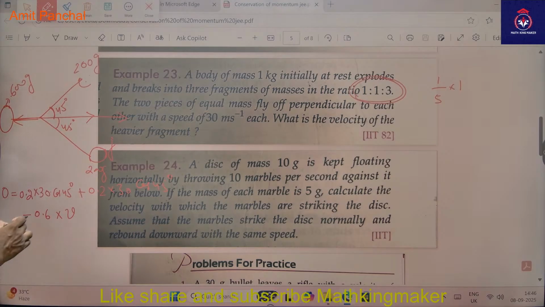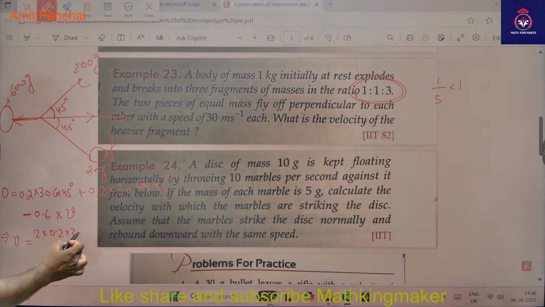So if we take this negative to this side of the equation, then your v would be twice of 0.2 into 30 into cos 45. Cos 45 is 1 by root 2, and it will be divided by 0.6. So 2 3s are 6, 3 10s are 30.